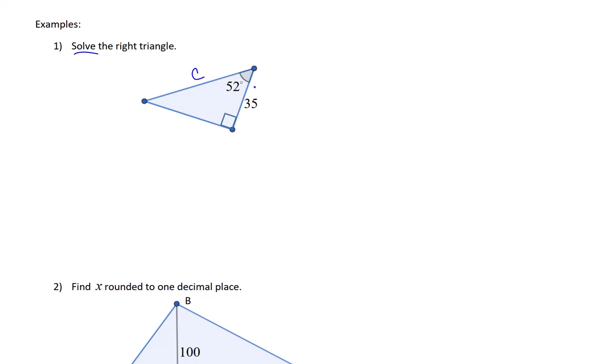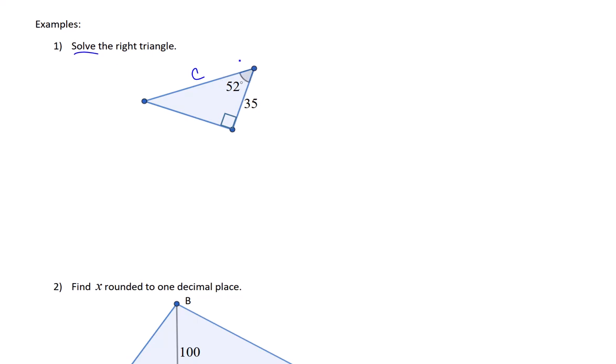Maybe 35 feet, meters, miles, we don't know. Doesn't really matter though for now. We just have a label there. And then the angle that is between the hypotenuse and that given side length of 35, in other words, the angle where those meet, is given as 52 degrees.